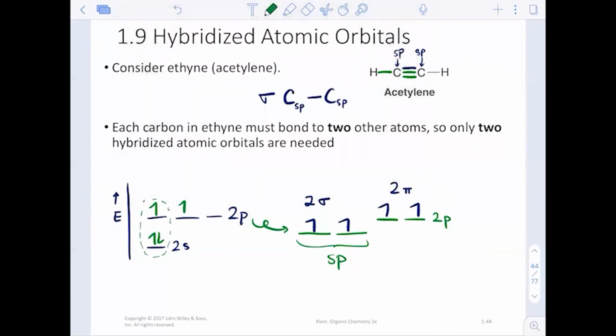The sigma bond here for the two carbons is an sp to an sp overlap. And there are two pi bonds where it's carbon p to carbon p. The carbon to hydrogen bond is a sigma carbon sp to a hydrogen s. And again, there's two of them. We'll have a lot more practice with these in class.